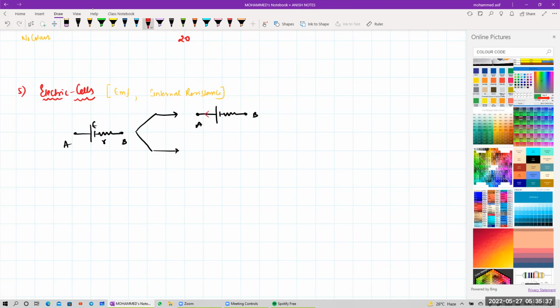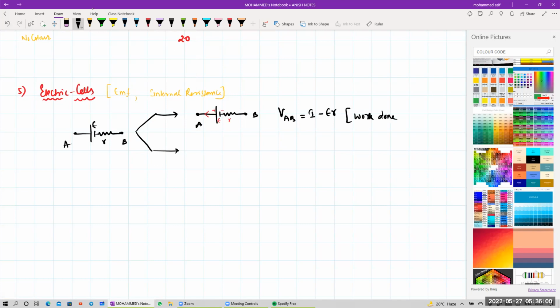If the current is coming from this positive terminal, this is a negative terminal, this is E, internal resistance R. So what will be the potential across your A and B? Potential across A and B will be equal to E minus I into R. That means work is done by battery.